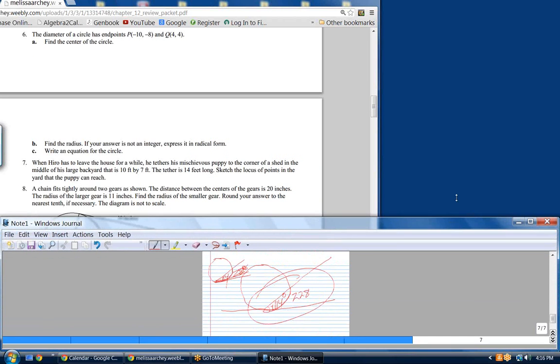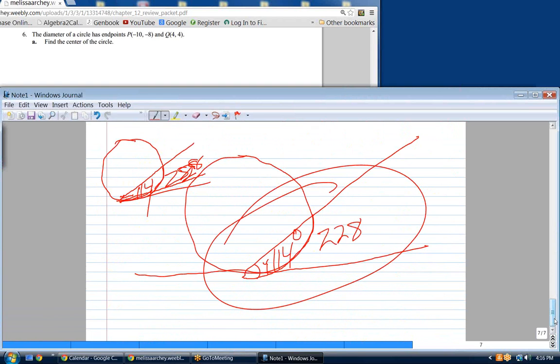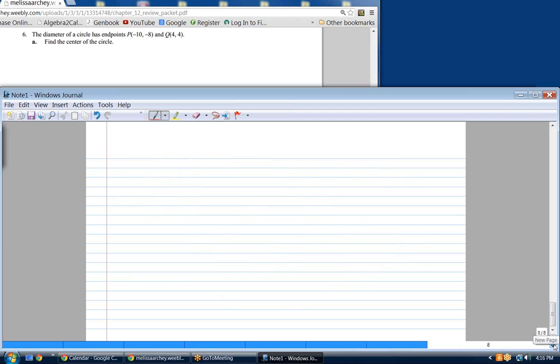Find the diameter of a circle that has endpoints, one of the endpoints is at (4, 4).